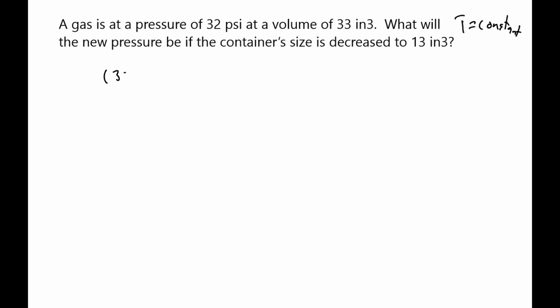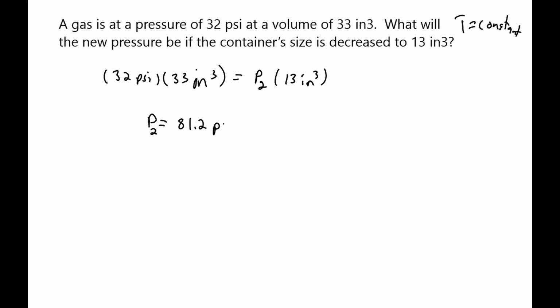So pressure 1 is 32 psi times volume 1 is 33 inches cubed equals pressure 2 times 13 inches cubed for volume 2. And what do we get for pressure 2? 81.2 psi. Any questions on that one?